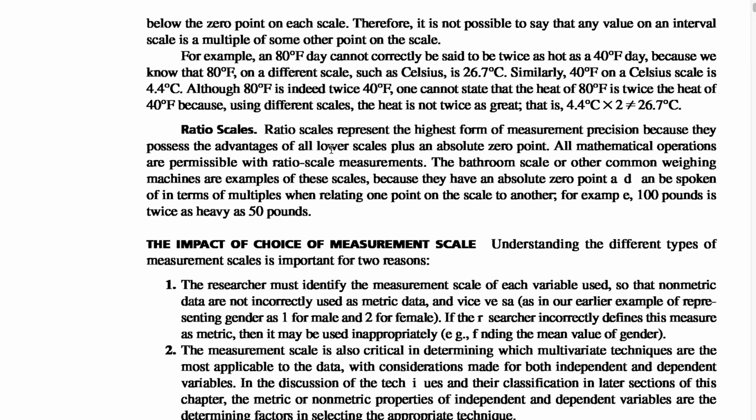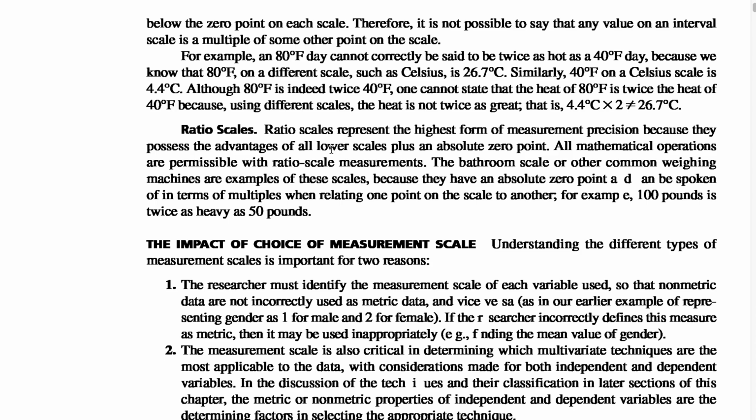Therefore, it is not possible to say that any value on any interval scale is a multiple of some other point on the scale. For example, an 80 degrees Fahrenheit day cannot correctly be said to be twice as hot as a 40 degrees Fahrenheit day, because on the Celsius scale 80 degrees Fahrenheit is 26.7 degrees Celsius.